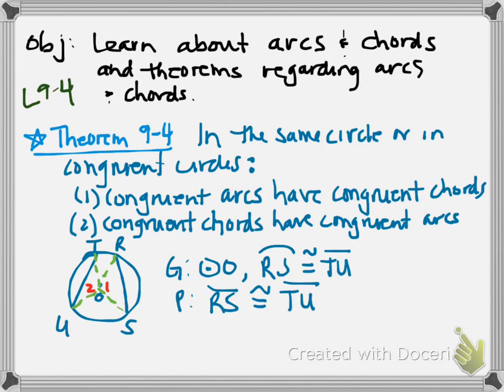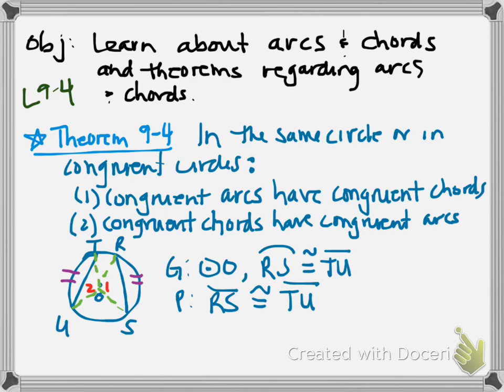We have the arcs are congruent, so that's another key piece we can put in from the given. If the arcs are congruent, then angle 1 would have to be equal to angle 2 because two arcs that are the same, their central angles are the same. Okay, that came from yesterday's notes. So then we would have side angle side to prove the two triangles are congruent, and then through CPCTC we would get segment RS is congruent to segment TU.